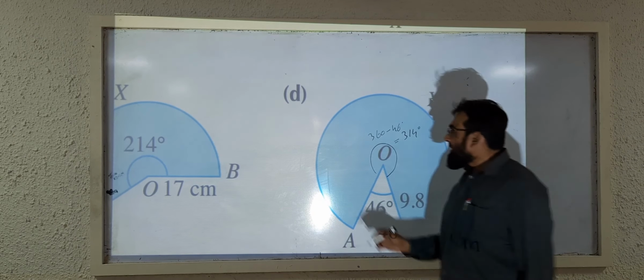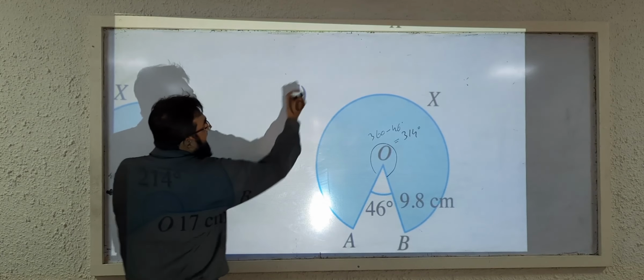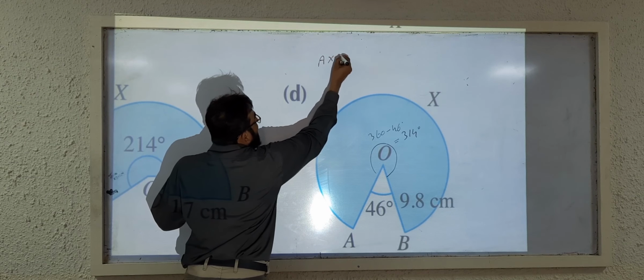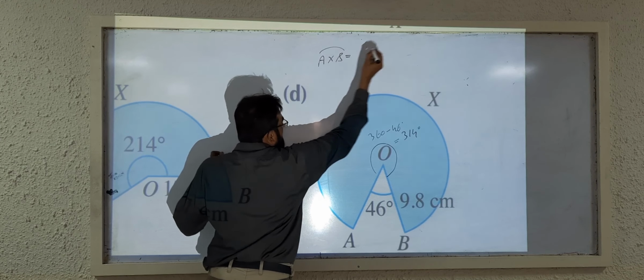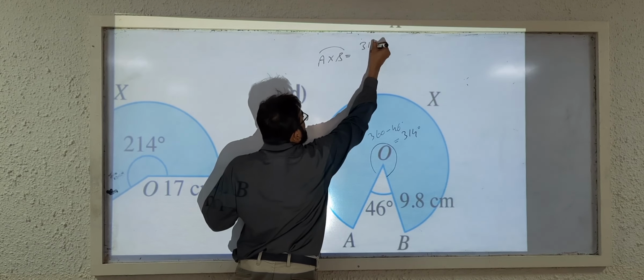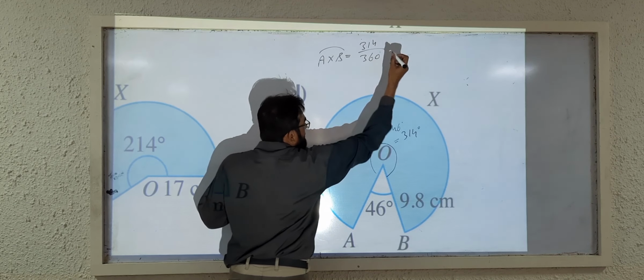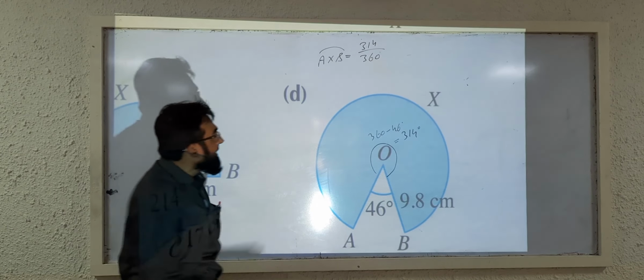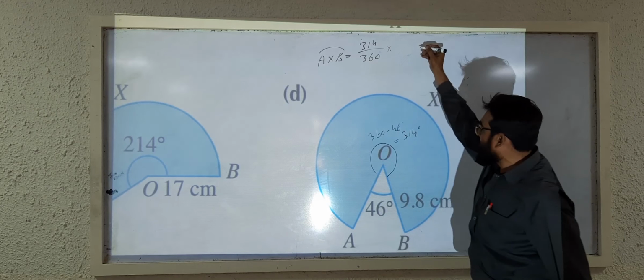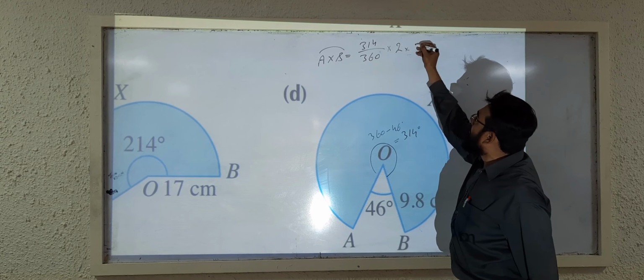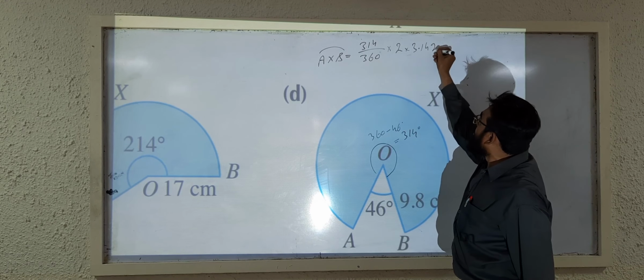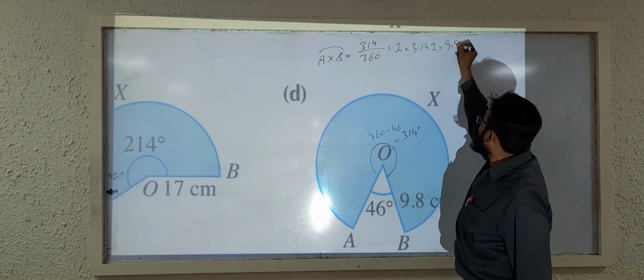Okay, clear? So arc length AXB is equal to 314 over 360, and the radius is 9.8. I am directly applying the value of the radius: 2 into the value of pi 3.142 and the radius 9.8.